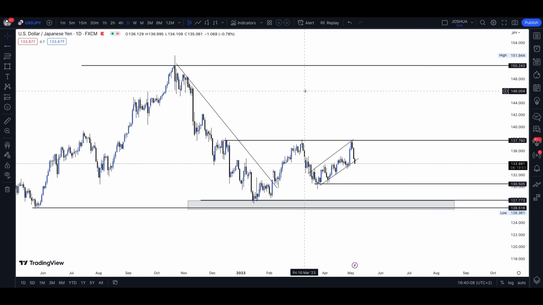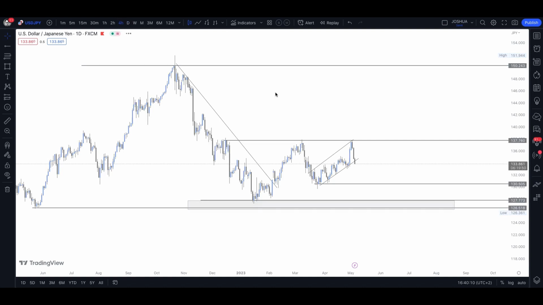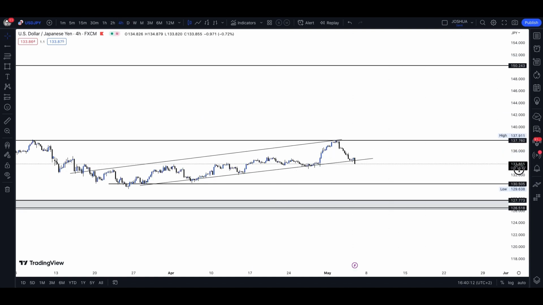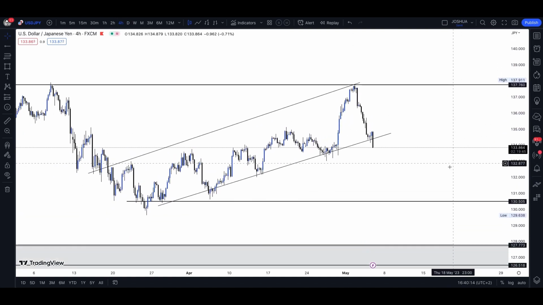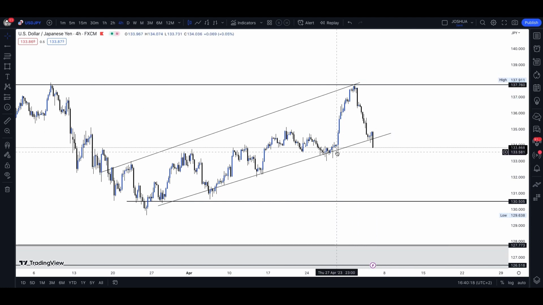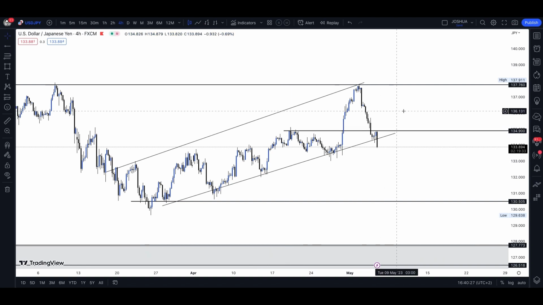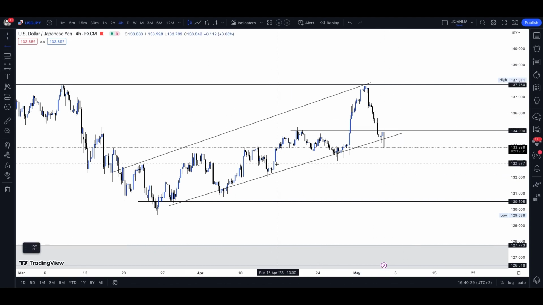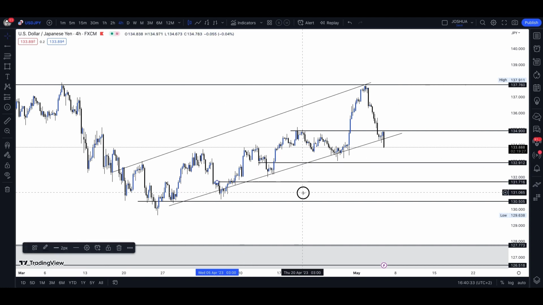Okay, let us jump to the lower time frame, which is the 4-hour time frame. When you switch to the lower time frame, we can see the market was rejected, and this is giving us a breakout, meaning sellers are quite strong and they are looking to push down further to that area as well as that area.